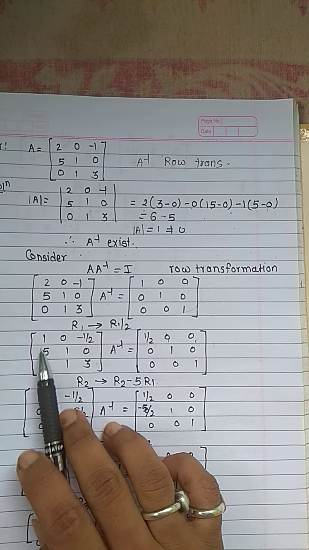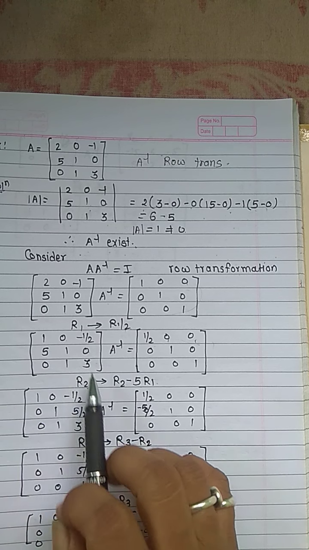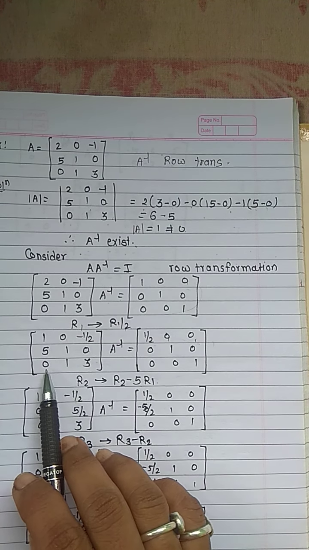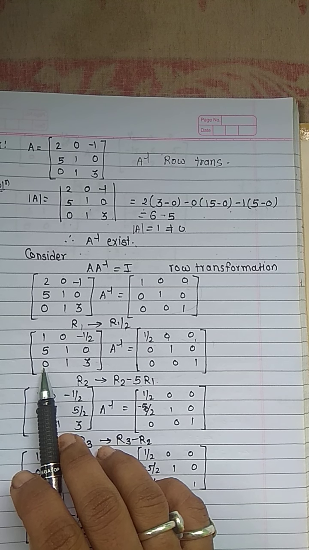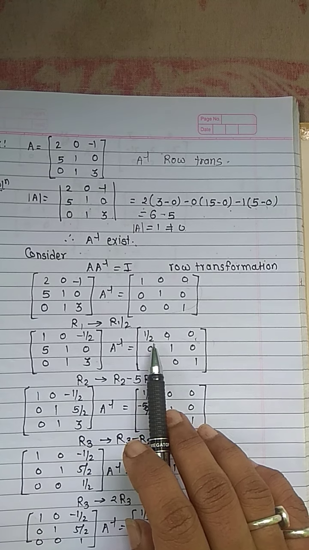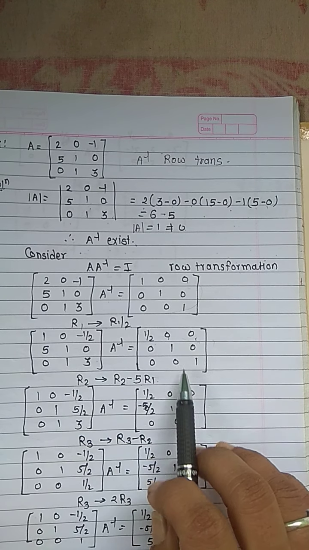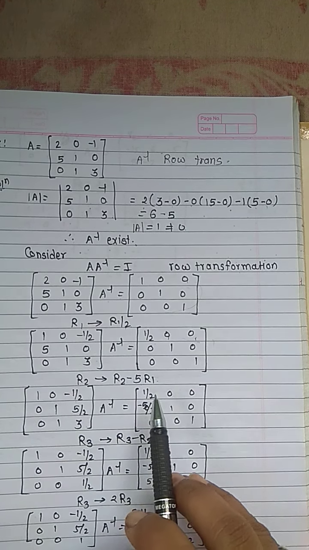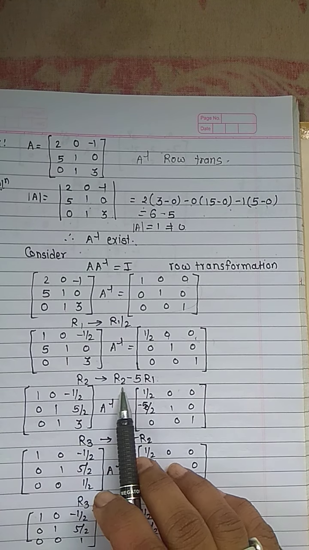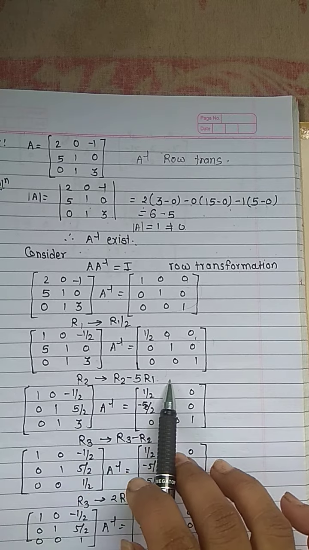Therefore, R1 and R3 remain the same, 1 0 minus 1 by 2, and R3 row elements 0 1 3. Similarly, R1 and R3 remain the same in the I matrix also, 1 by 2 0 0, 0 0 1, only changing the R2 row.